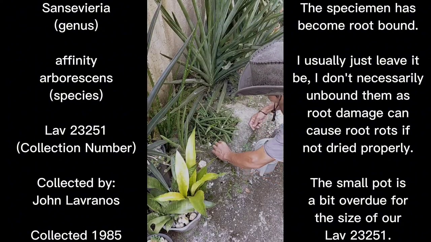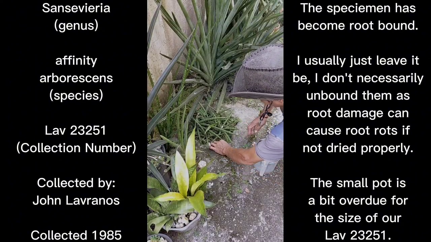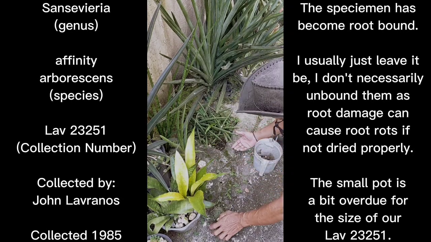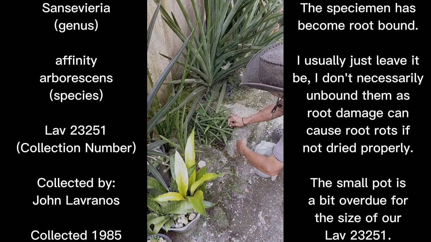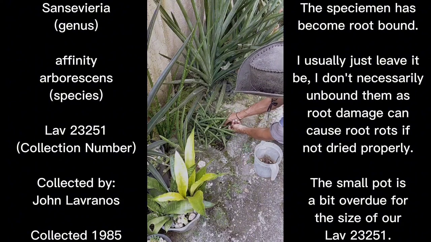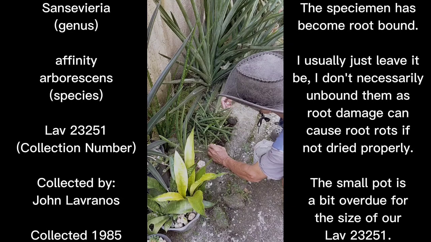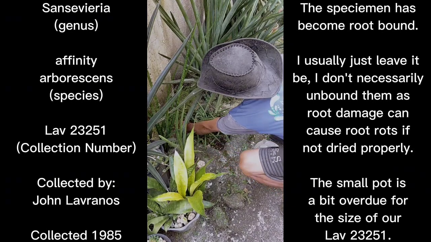Currently, we have planted on there another species, which is the Suffruticosa species. It is a species that has cylindrical leaves and a distichous form. Distichous means that it's fan shaped.